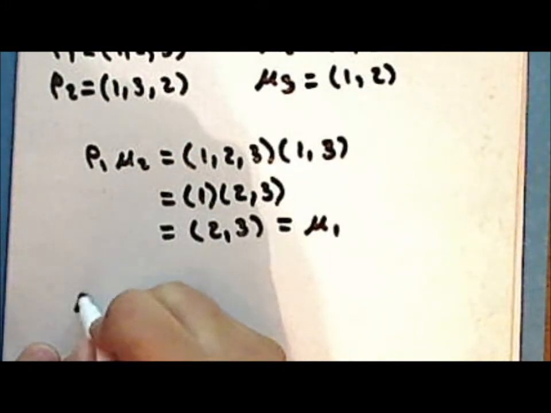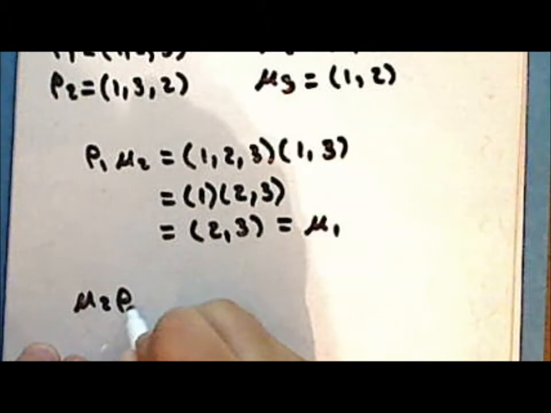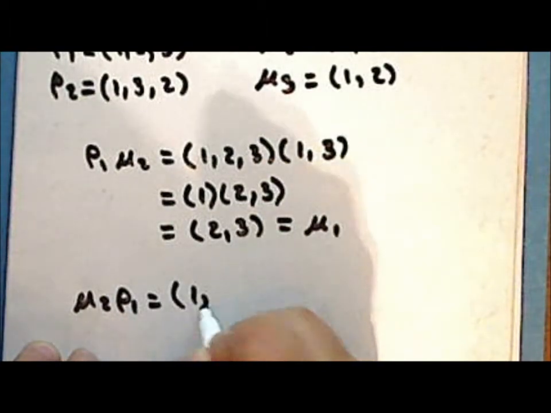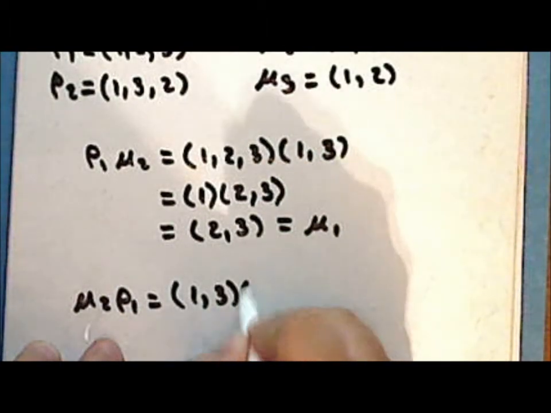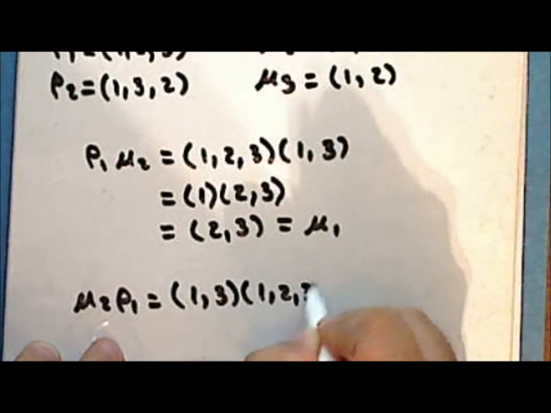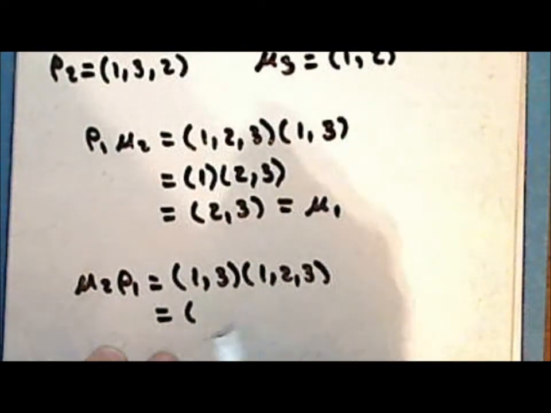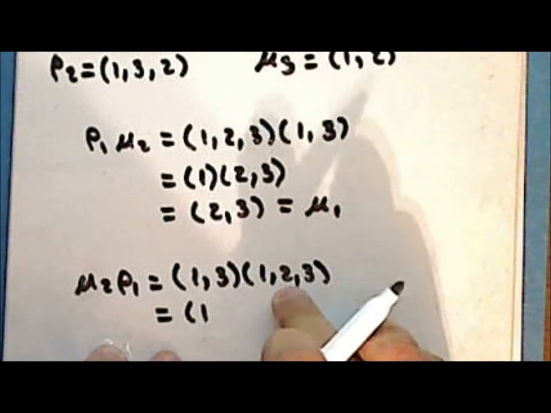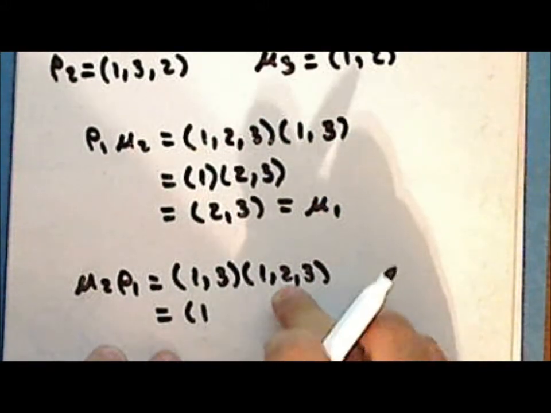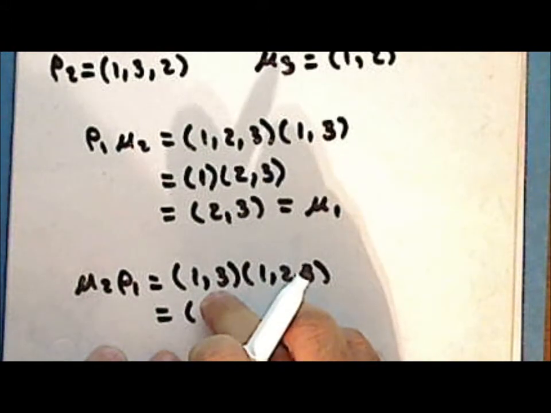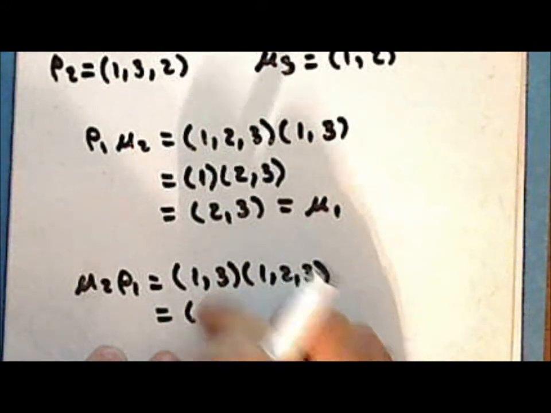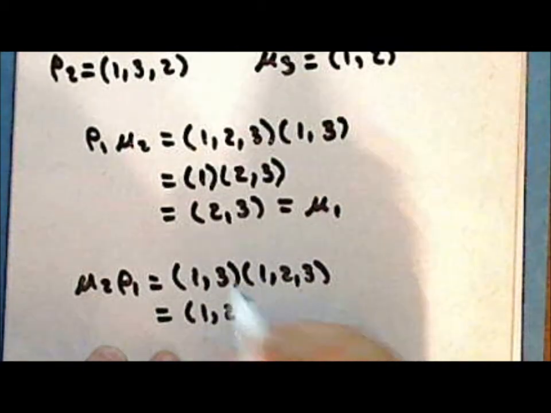If we look at the product mu sub 2 times rho sub 1, this is the cycle 1, 3 times the cycle 1, 2, 3. So we begin with 1. 1 is mapped onto 2 in the first map, and in the second map 2 is fixed, so it is mapped onto itself, and so we go from 1 to 2.